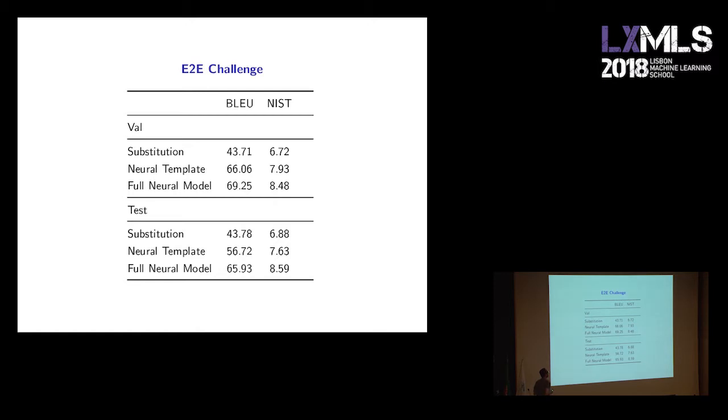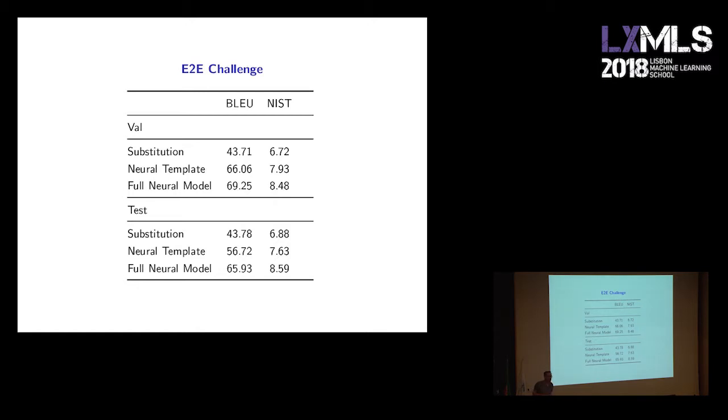We compared to both a kind of single template substitution baseline and also to a full-on neural model on the end-to-end challenge. On the validation data set for this problem, we get to 66 BLEU compared to 69, and 7.9 NIST compared to 8.48. On tests, we're a little bit worse.